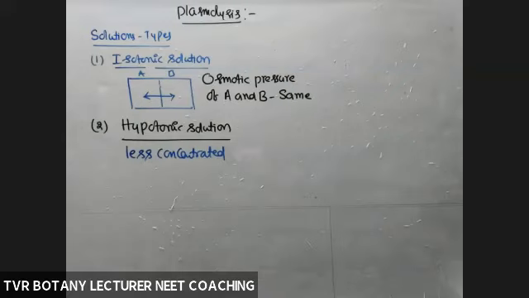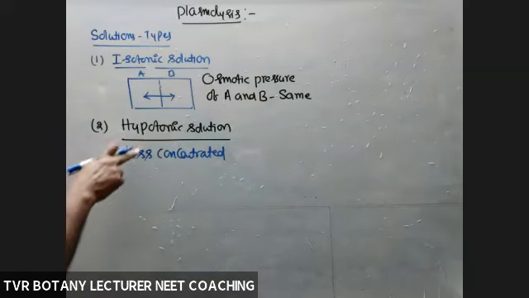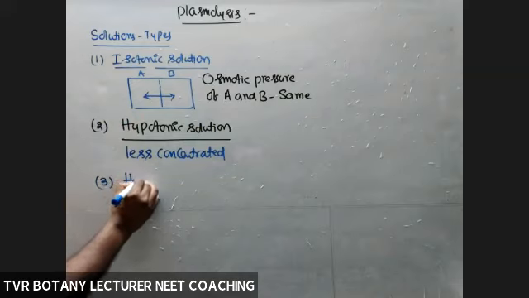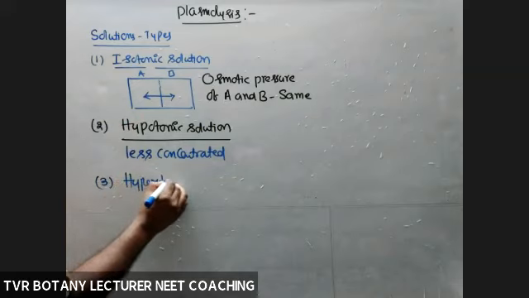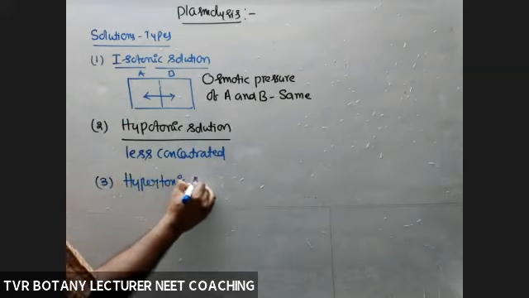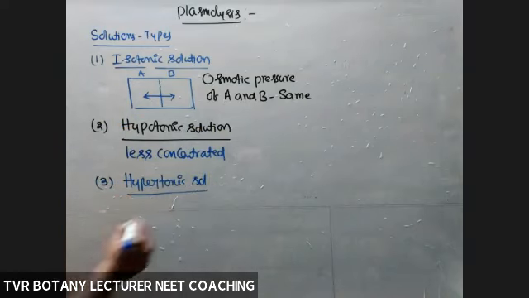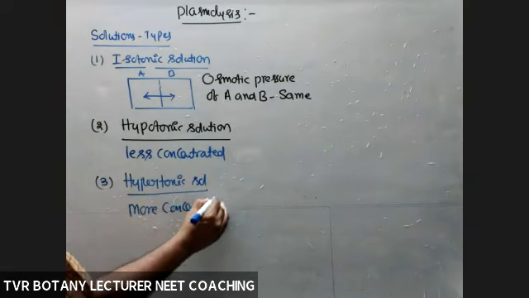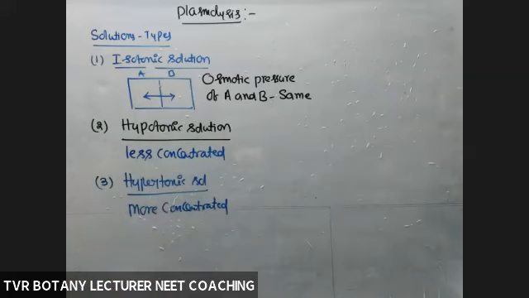Negative value of psi W very less. So hypotonic solution, hypo, less. Third one, hypertonic solutions, more concentrated. More concentrated solutions.